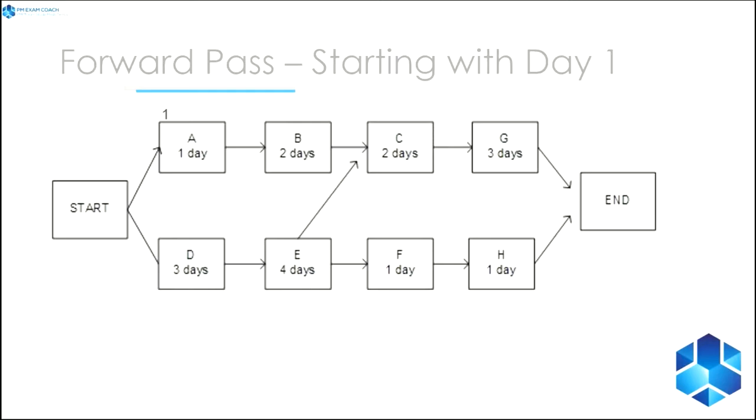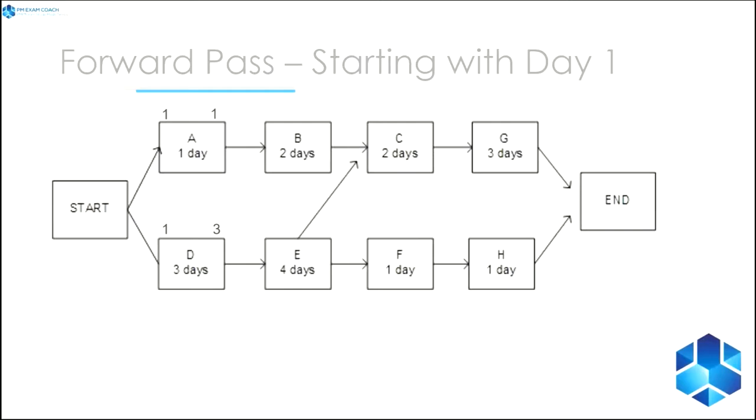And with a 1-day duration, it could finish the same day. It might be very late at night, but it could finish the same day. Activity D can also start on day 1. 1 plus 3, including day 3, means it could end on day 3. Again, that's early start plus duration minus 1 equals early finish.